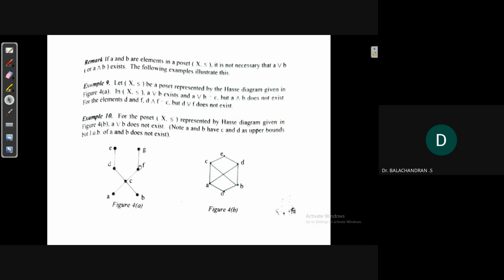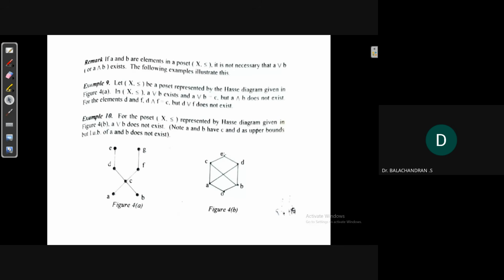In this diagram, for A and B, the least upper bound does not exist. Actually, the upper bounds of A and B are what?